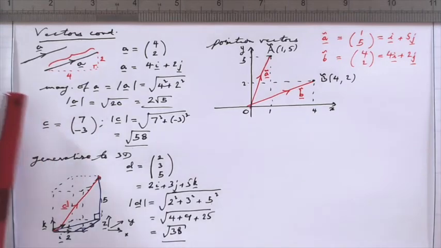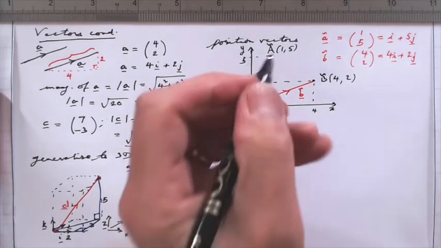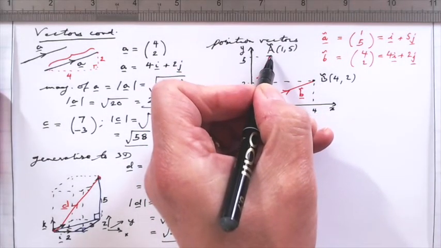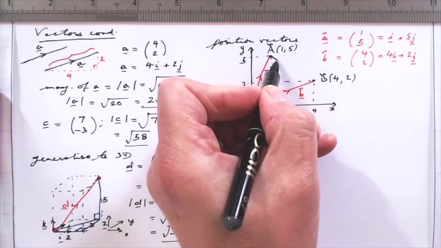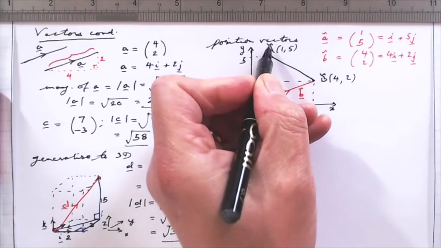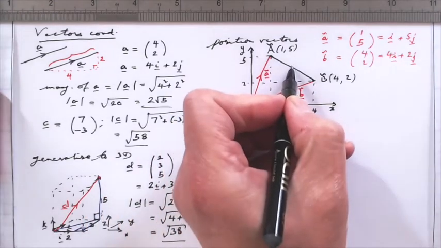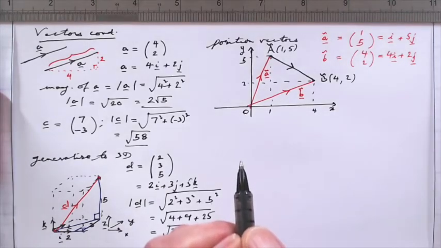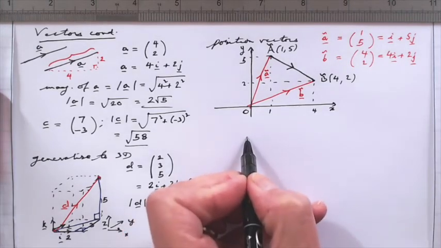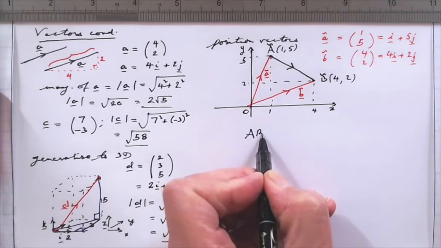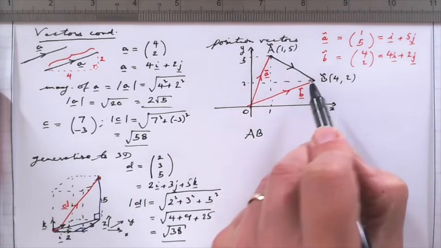So we now have a very nice way of describing a line segment. There is a line that we can connect from A to B. Let me give that an arrow. When we connect points, we often write the points together.